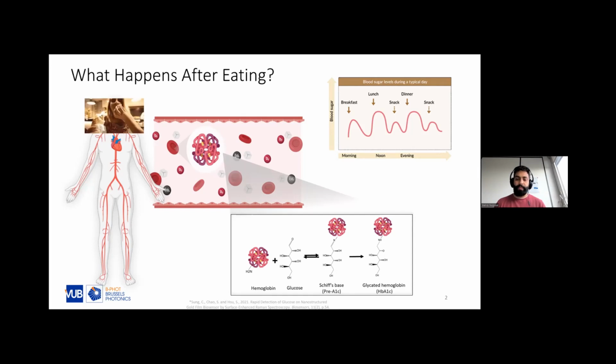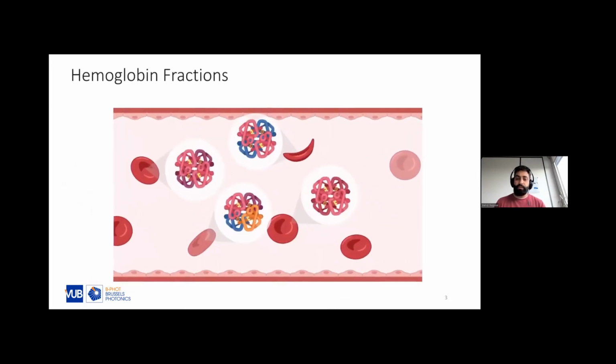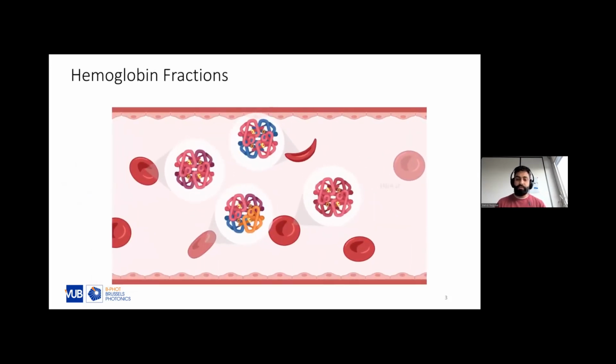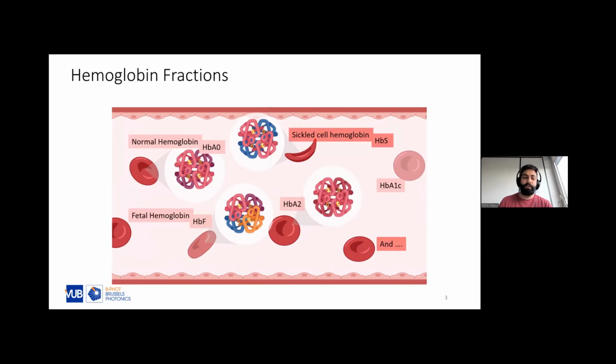Now, HbA1c or glycated hemoglobin is not the only hemoglobin that exists in our blood. There are other naturally existing hemoglobins in our bodies, like normal hemoglobin, which is called HbA0, fetal hemoglobin, HbF, and HbA2.